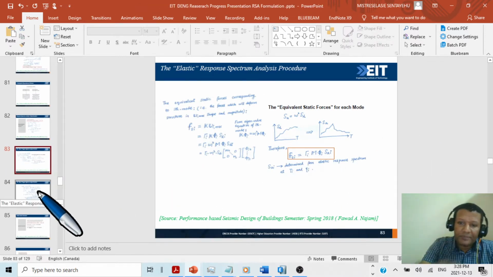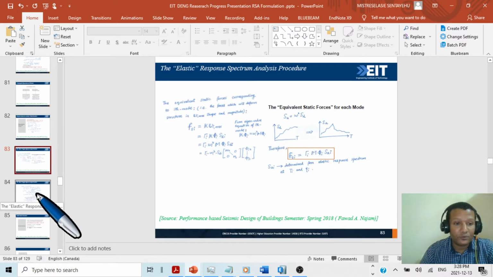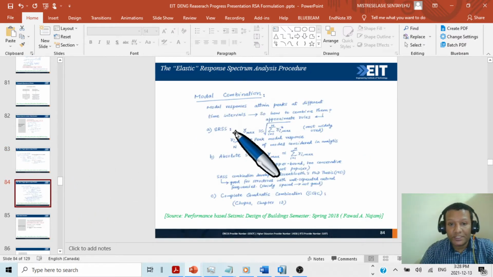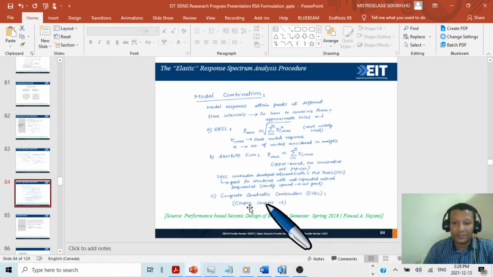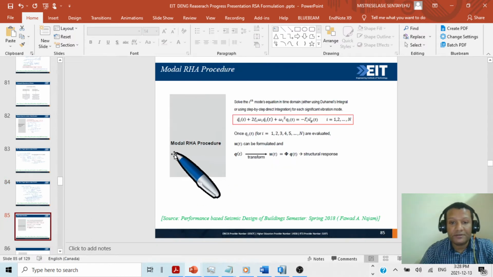This is also deeply explained, and I did an Excel calculation from Professor Fornegin. I showed how it works. For modal combination, we have SRSS, absolute sum, and complete quadratic combination. This one is also explained.